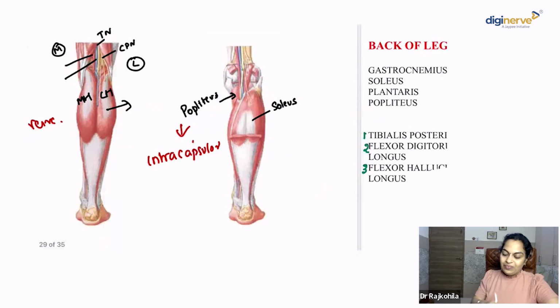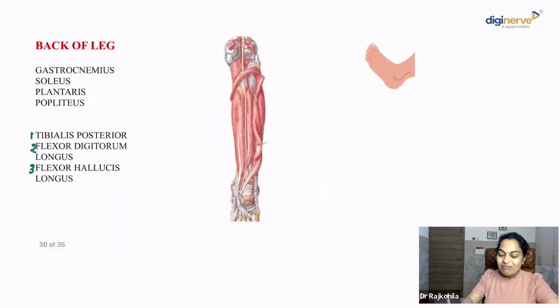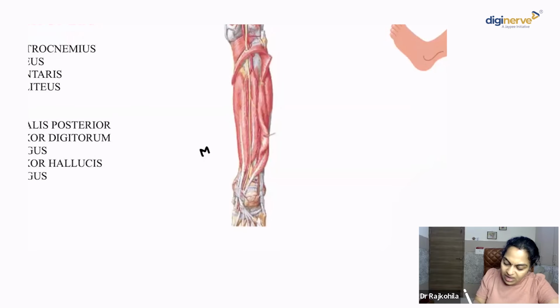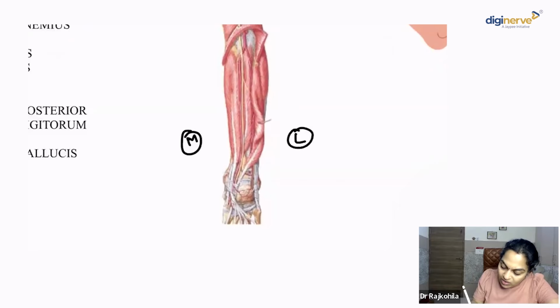Now, all of them are going to be innervated by the tibial nerve. That's fine. Now, there are a few more deeper muscles in the back of the leg, right? So here again, this is going to be medial and this is lateral. This tendon and the muscle that you see here, this is the tibialis posterior. And here again, this is flexor digitorum longus.